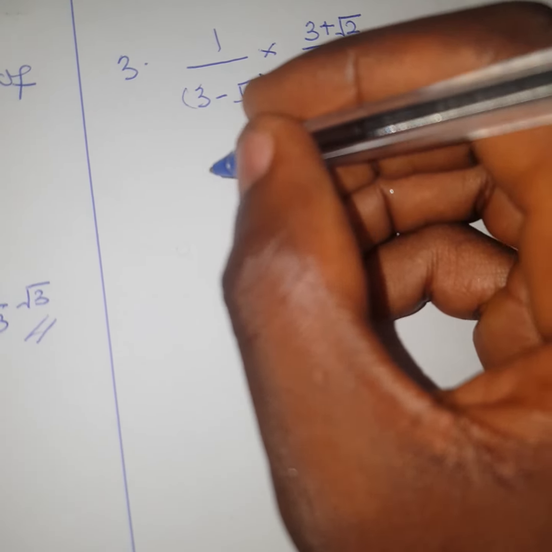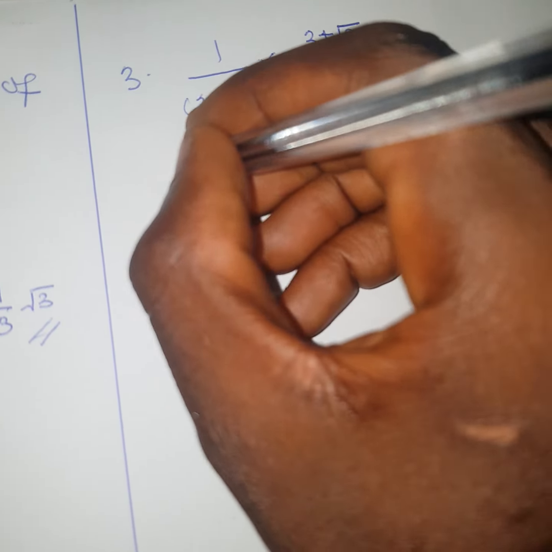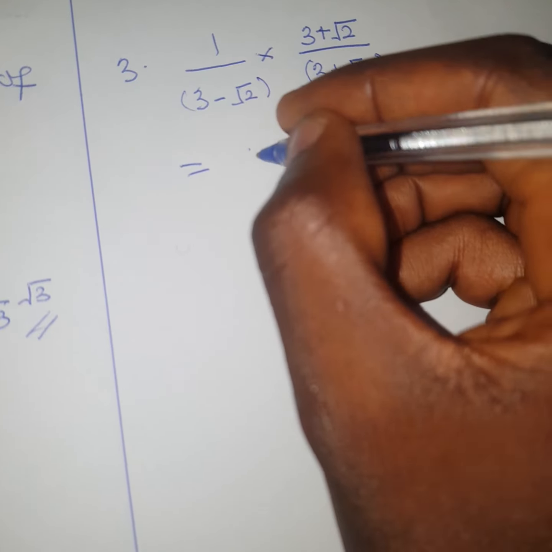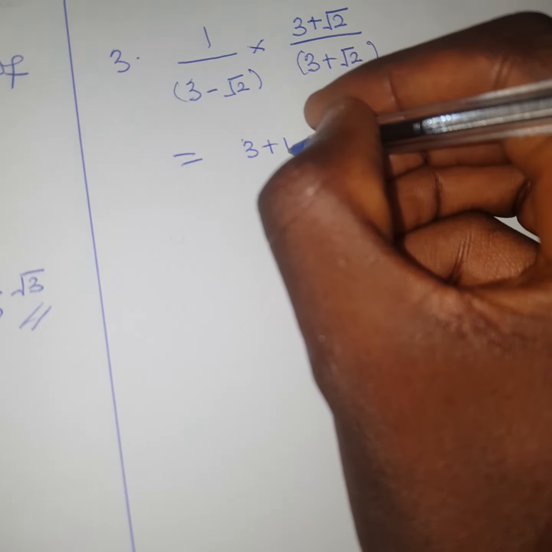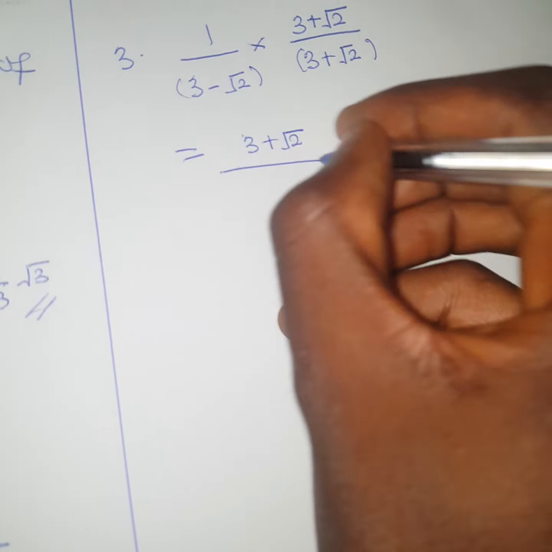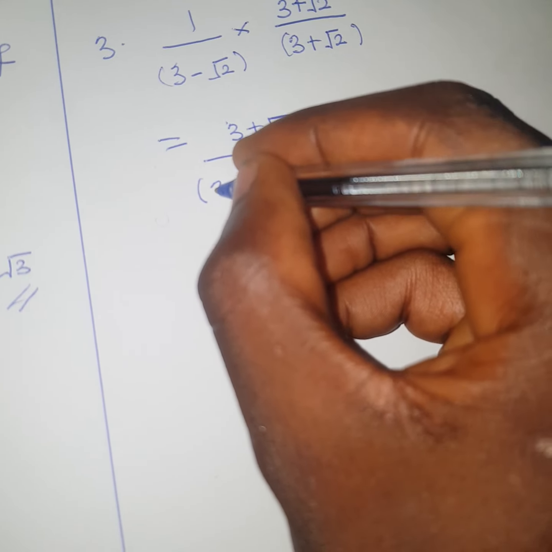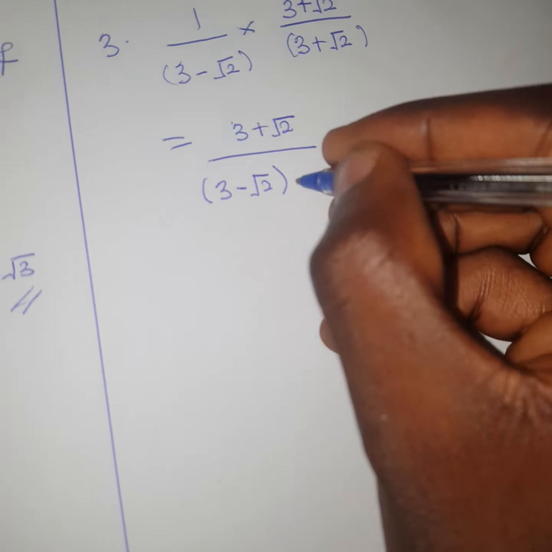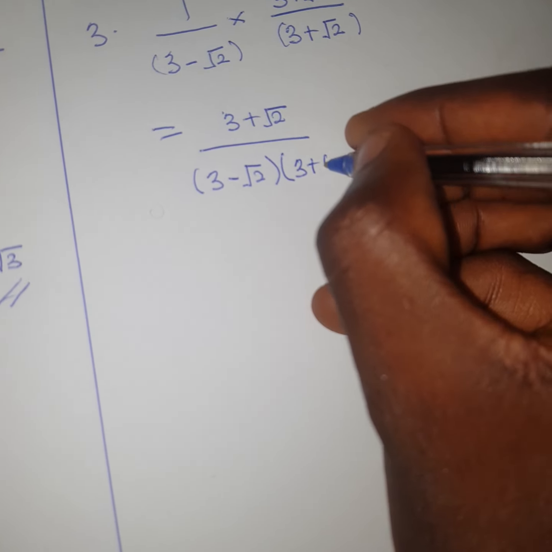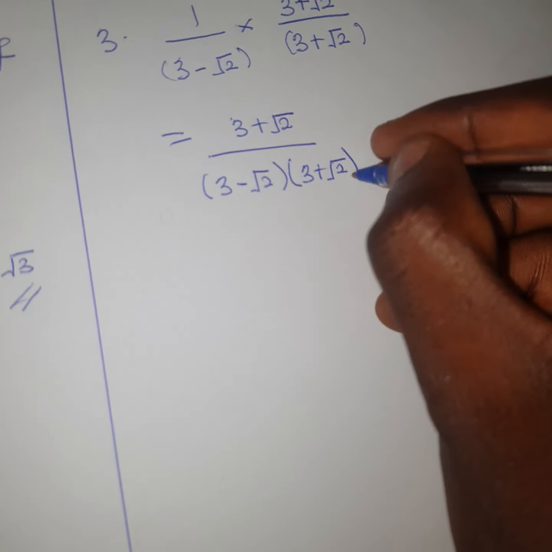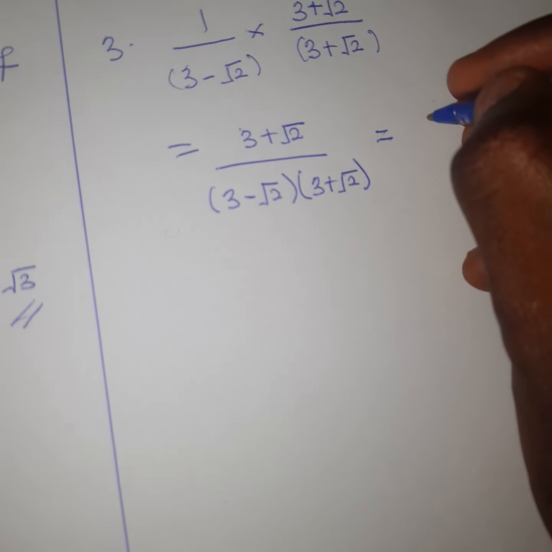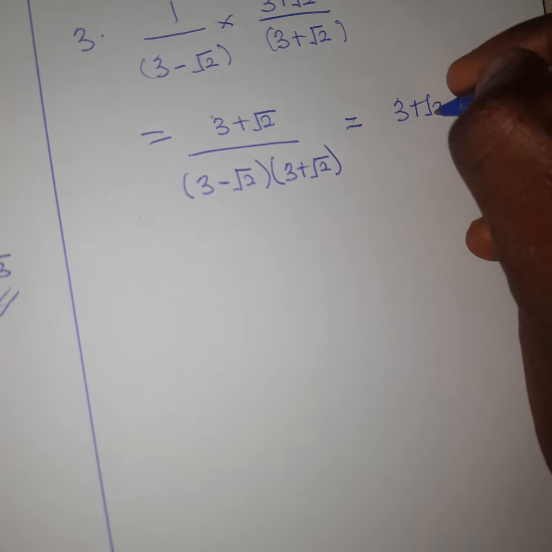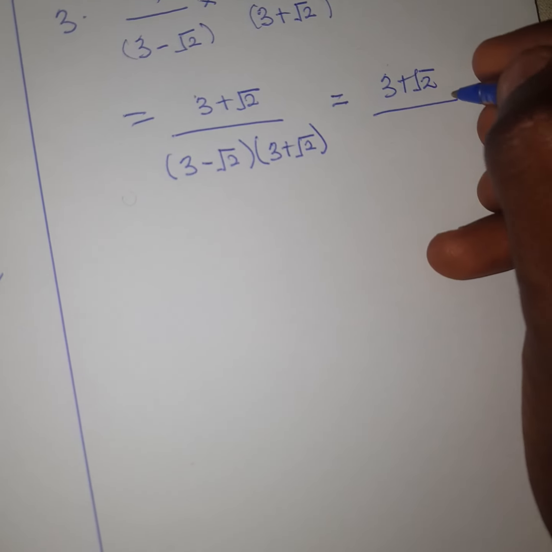So it will be multiplying this, you get, because this is 1, you still get 3 plus root 2 all over 3 minus root 2, 3 plus root 2, and this is equal to 3 plus root 2 all over.